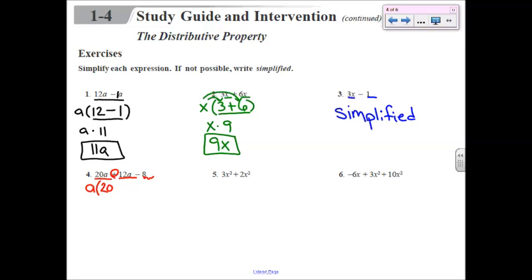The operation in between is plus 12, and I still have minus 8 at the end. 20 plus 12 is 32, so a times 32 minus 8. And then I would rewrite that with the number in front of the variable, 32a minus 8.